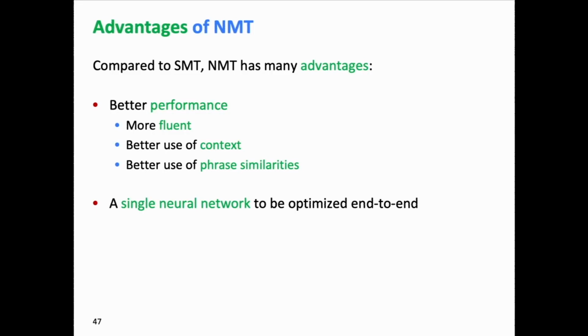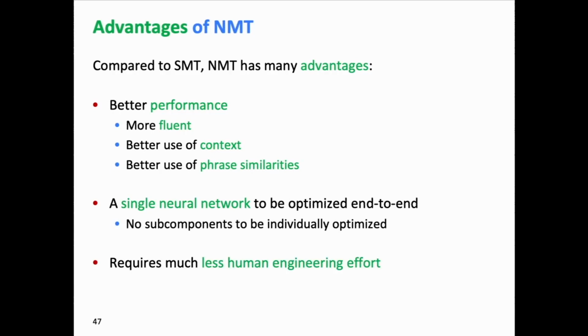And the advantage here, I suppose, is primarily simplicity and convenience. So there's no subcomponents that need to be individually optimized. Another big advantage is that it requires much less human engineering effort. When I told you earlier about all the different things that people had to do to build big powerful SMT systems, there's relatively less engineering effort for NMT. NMT is certainly not easy, but it's less complicated than SMT.